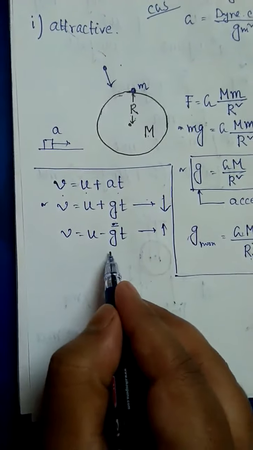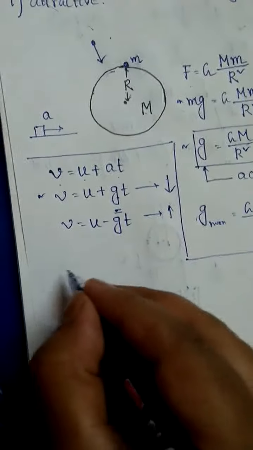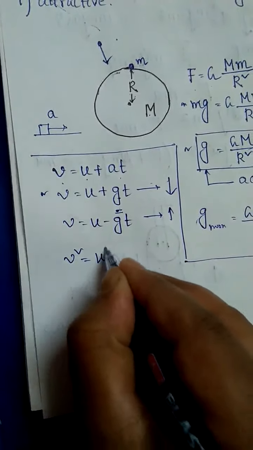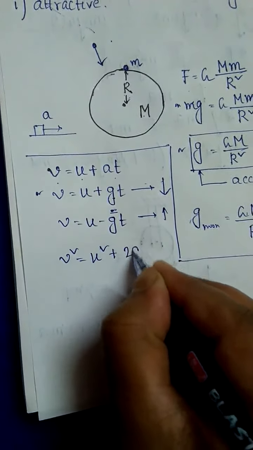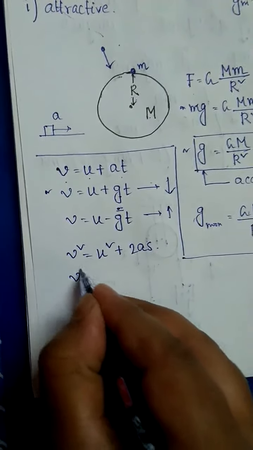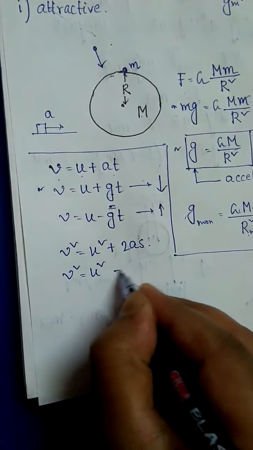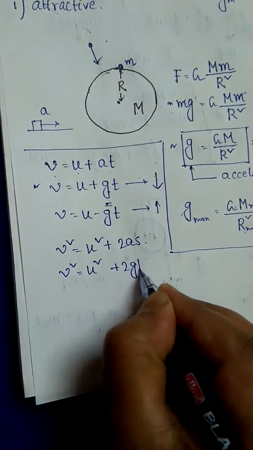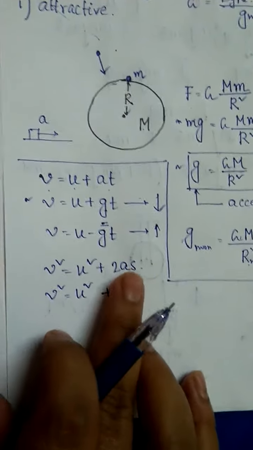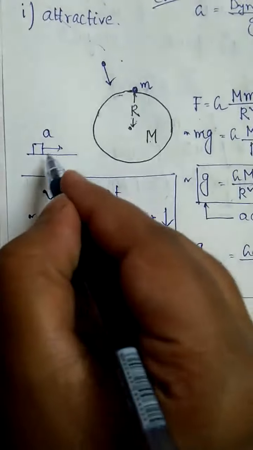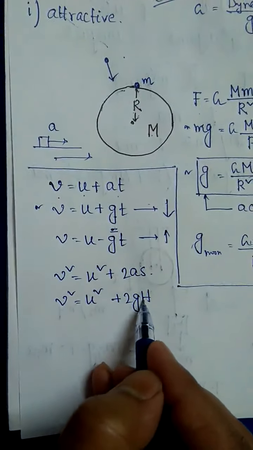That means retardation is g. Similarly, the equation v square equal to u square plus 2as will be turned into v square equal to u square plus 2gh, where s is the displacement along a straight line path, but here h is the height.